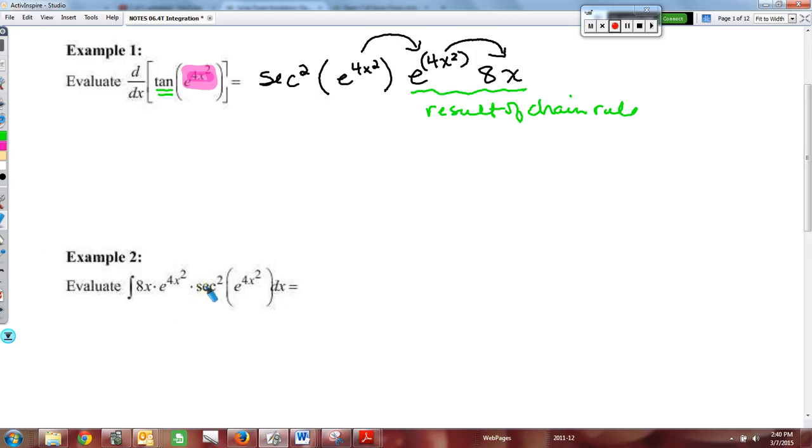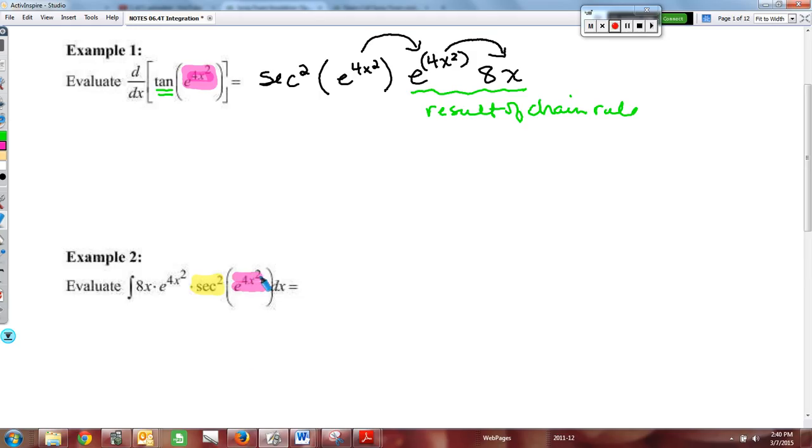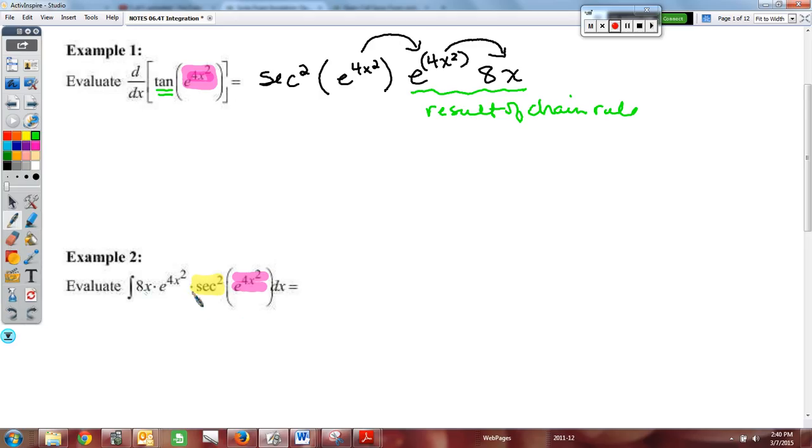But then I see this secant squared right here, and I'm like, oh, secant squared, that is something that I know as a derivative. It's the derivative of a tangent. And then I look and I see that I've got stuff inside of the secant. So when I see that, I think to myself, well, this might have been a chain rule problem.